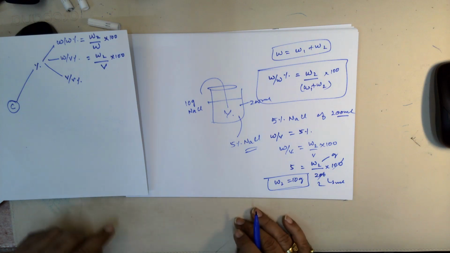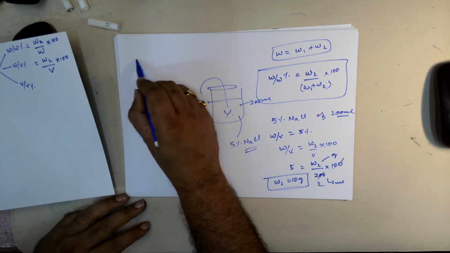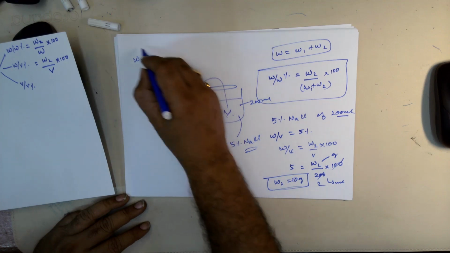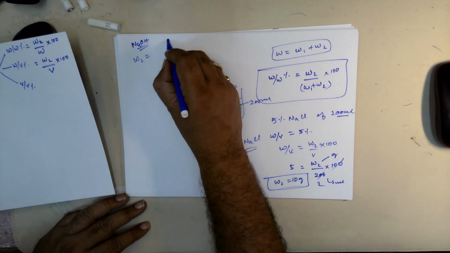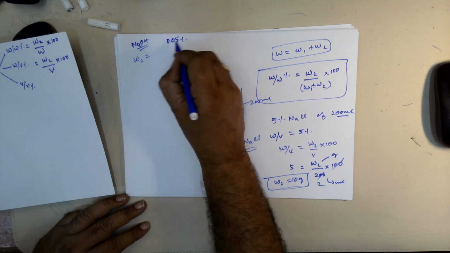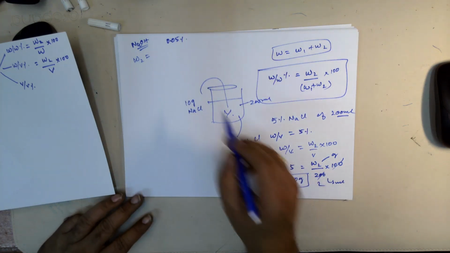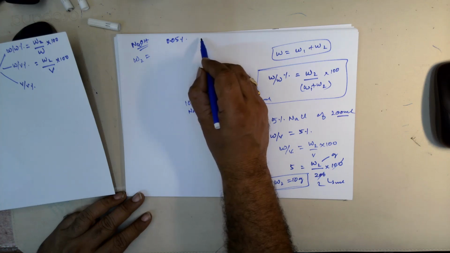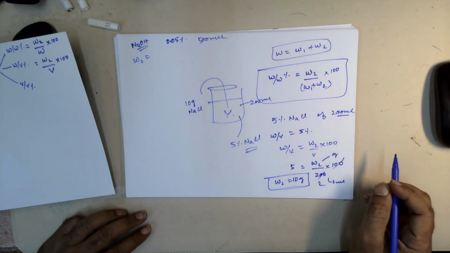So similarly, can you calculate, take down, what is the weight required for NaOH solution of concentration 0.05%? So what is the weight I'm supposed to take in say about 500 ml of NaOH solution?